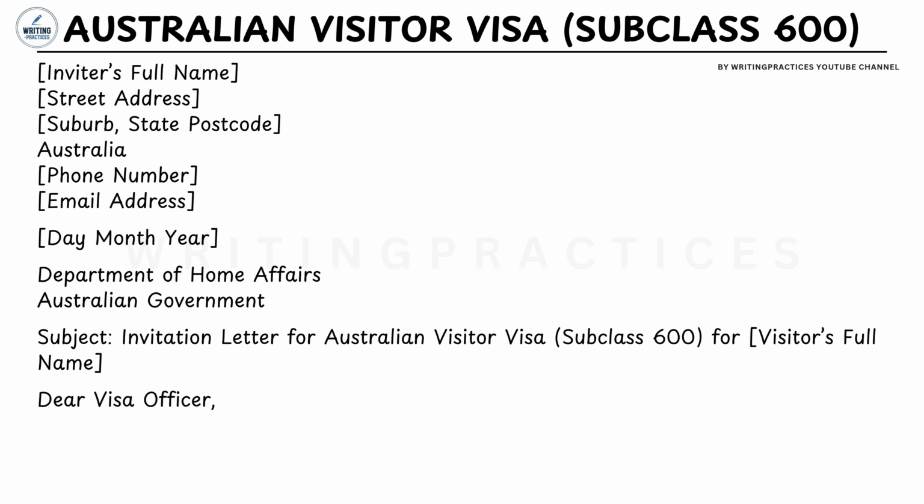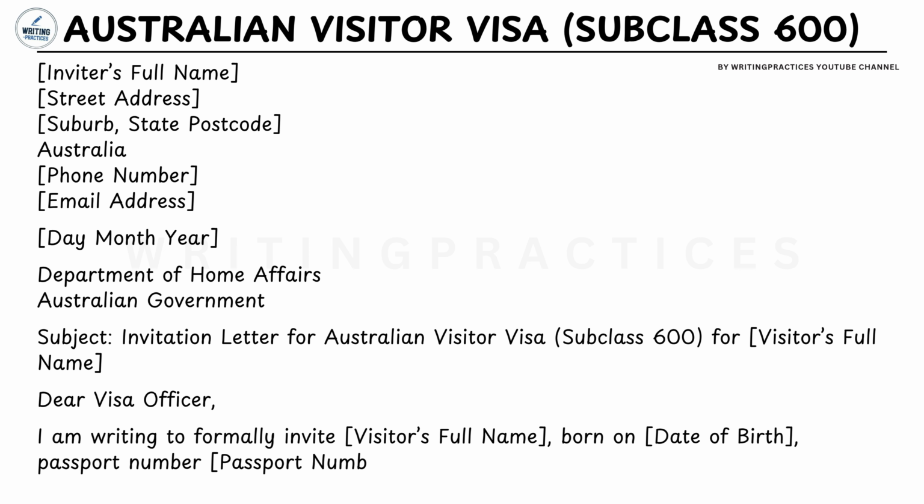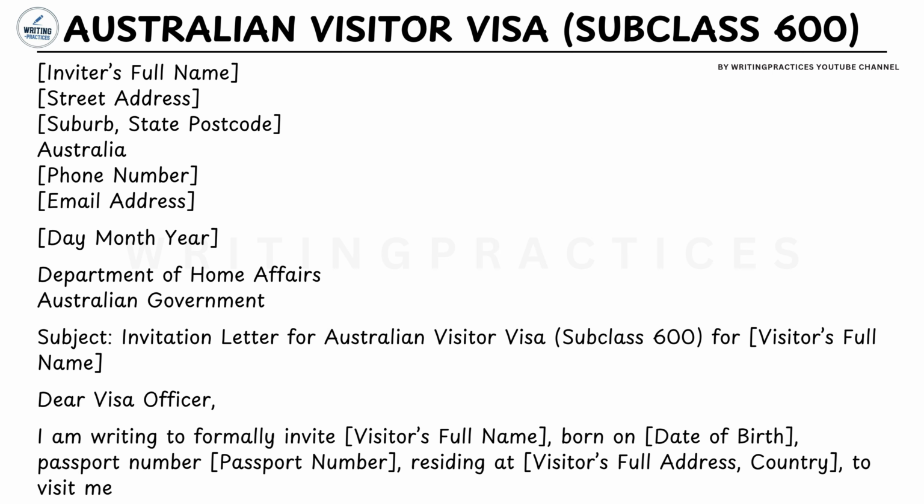Opening paragraph. In this paragraph, write the visitor's full details. Include full name, date of birth, passport number, current address. Example, I am writing to formally invite John Michael Smith, born on March 15, 1992, passport number AB1234567, residing at 25 Maple Street, Toronto, Canada, to visit me in Australia under the visitor visa, subclass 600.